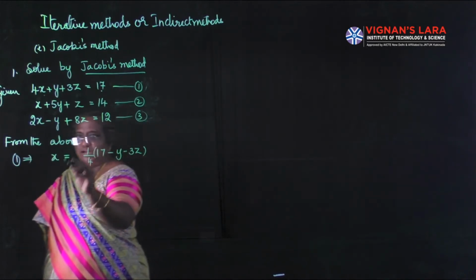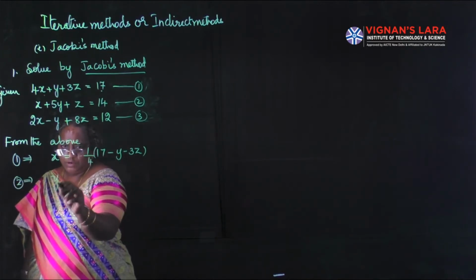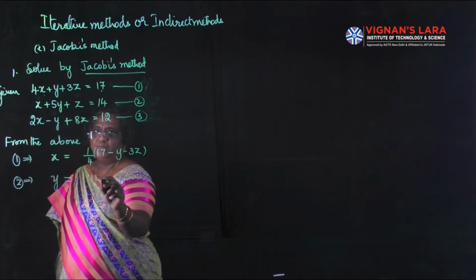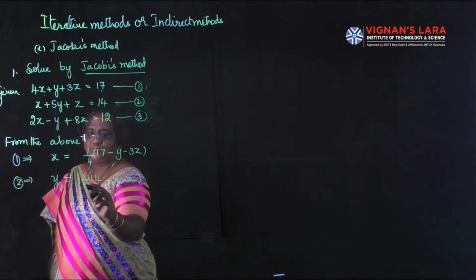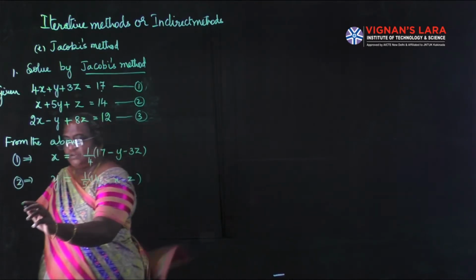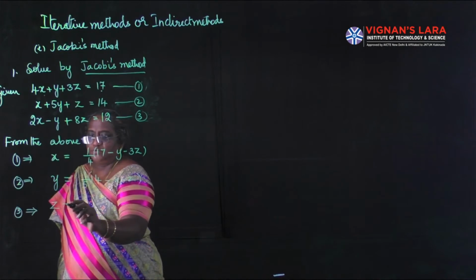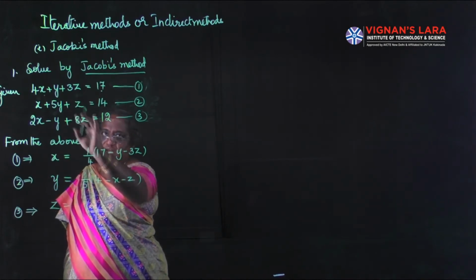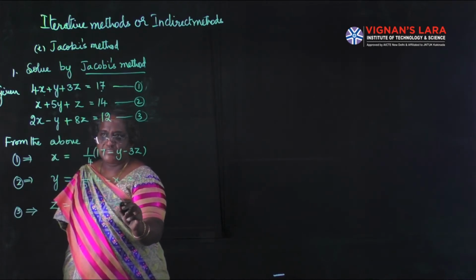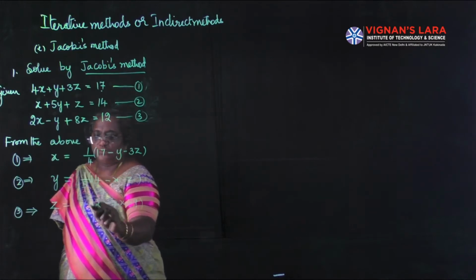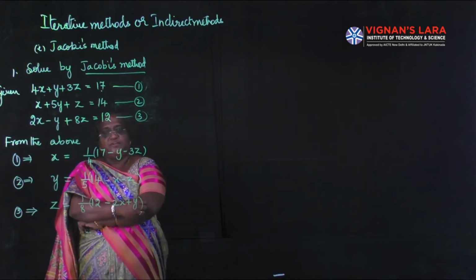From the second equation, I will write y: y is equal to 1 by 5 into (14 minus x minus z), since the coefficient of y is 5. Next, from the third equation, I have to write z. Put the coefficient 8 aside and bring the remaining terms to the other side: z is equal to 1 by 8 into (12 minus 2x plus y), since the coefficient of z is 8. This is the first step.